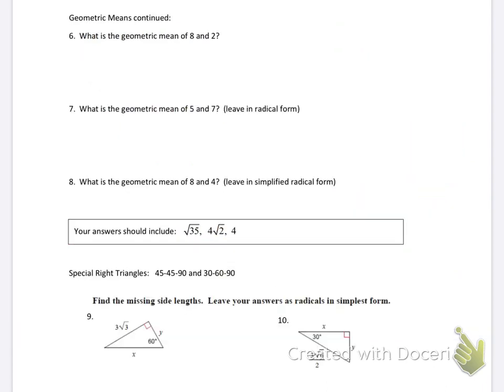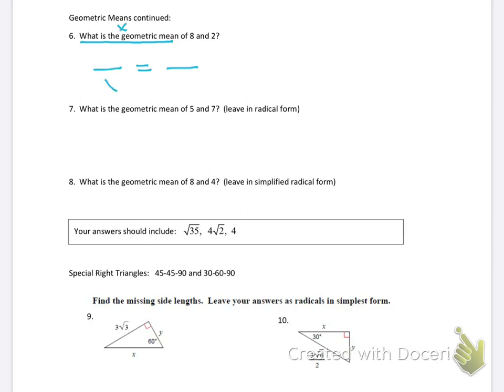Okay, here I'm also asking about geometric means. Now, geometric means don't have to be tied to a triangle, but you're still going to operate the same way. You're always going to have fraction equal fraction, and then you're always going to do cross products. So if I say, what is the geometric mean? I'm looking for it. Let's make that x of 8 and 2.